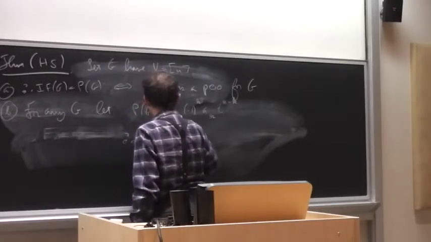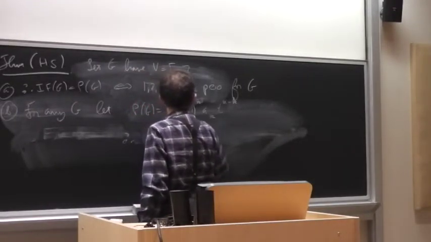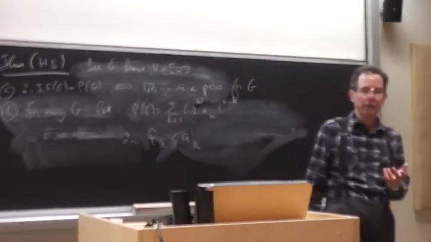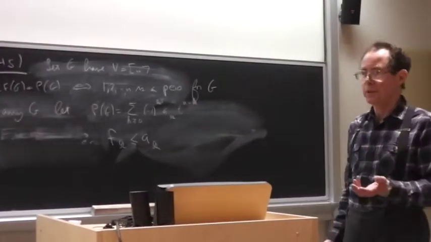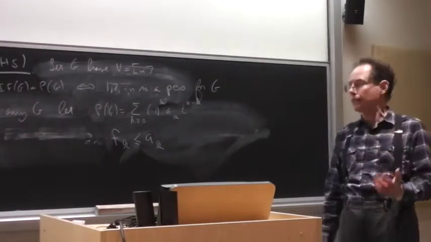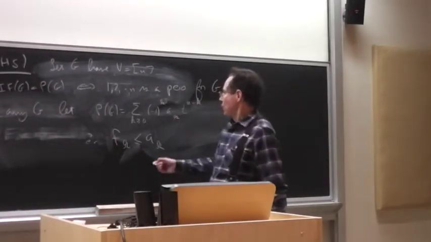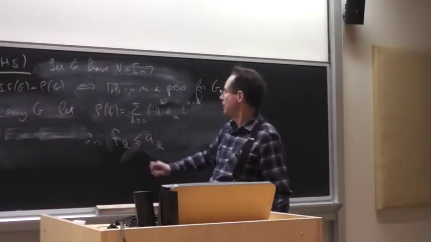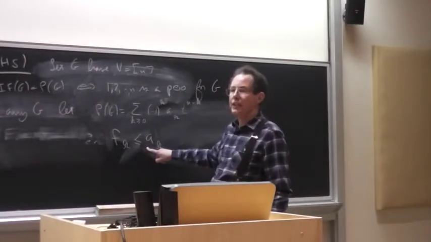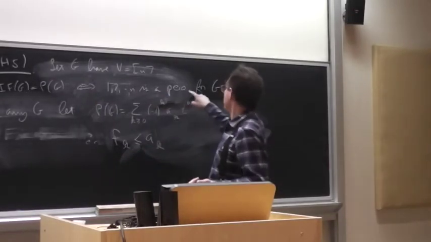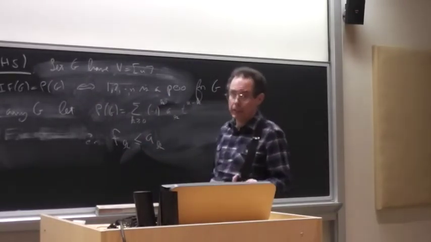Then the number of increasing spanning forests with k edges is always less than or equal to a_k, where a_k, for those in the know, counts broken circuits, not things that contain broken circuits, NBC sets. Or putting these two together, we always have this inequality, with equality if and only if the ordering from 1 through n is a perfect elimination order.